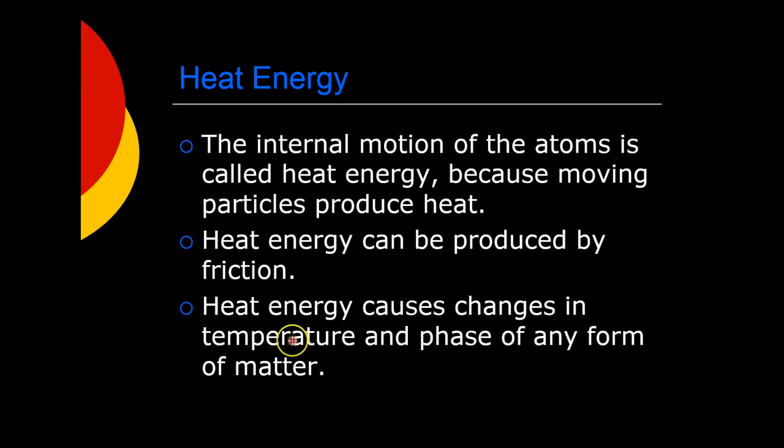The heat energy causes changes in temperature and phase of any form of matter. If you remember, phase is talking about solid, liquid, or gas. So when you change the temperature, you can change if something's in a solid or a liquid. So if you think about it, when you have an ice cube and you heat it up, it turns into a liquid.